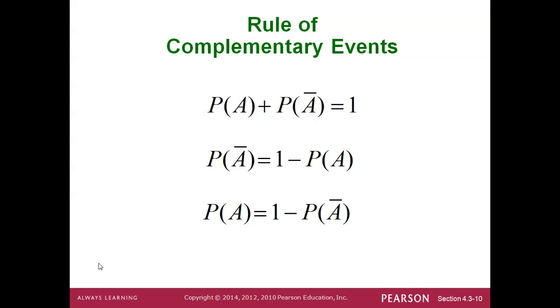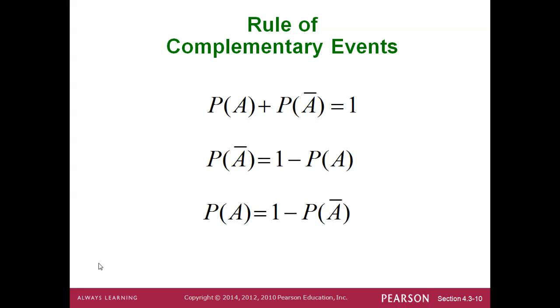Complementary rules: the probability of an event plus its complement should add up to 1. Those probabilities should add to be 1. Or here's that rule, that 1 minus the probability gets you the complement. If you happen to have the complement's probability, 1 minus the complement's probability gives you the actual event's probability. So those little formulas can be helpful when we start getting to more complex things.